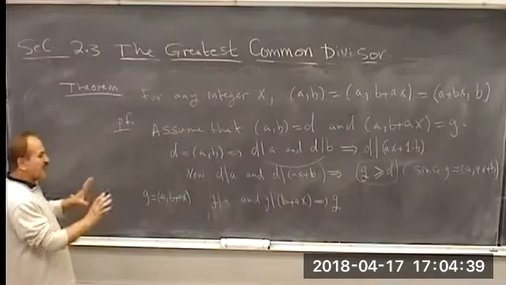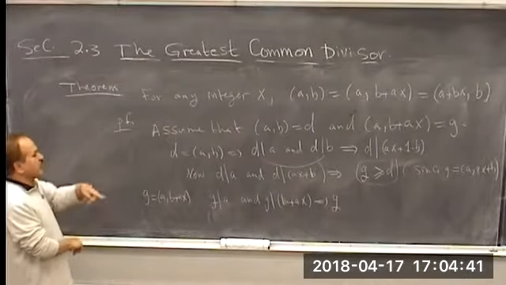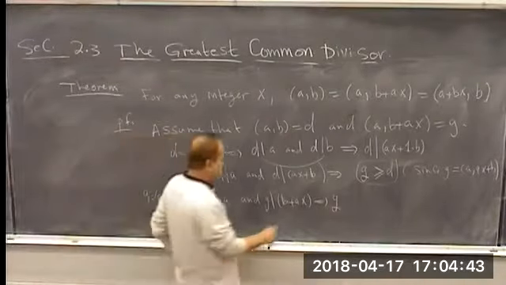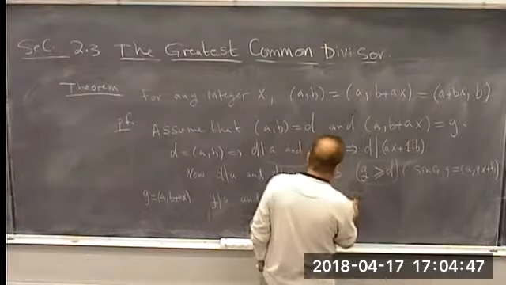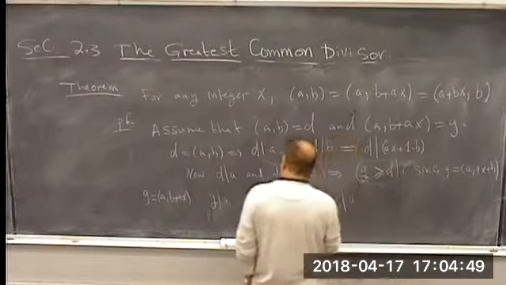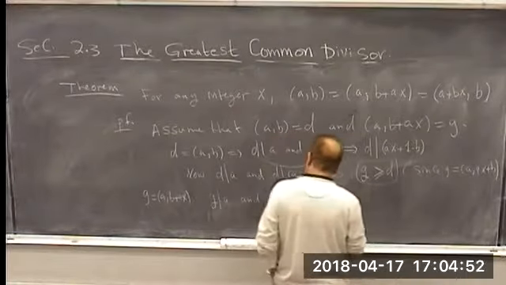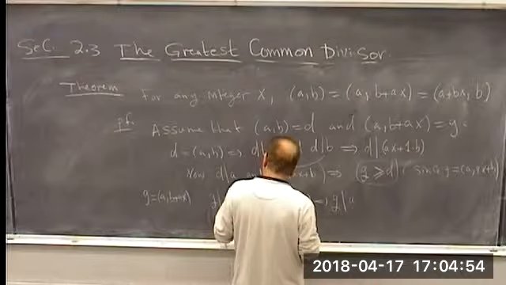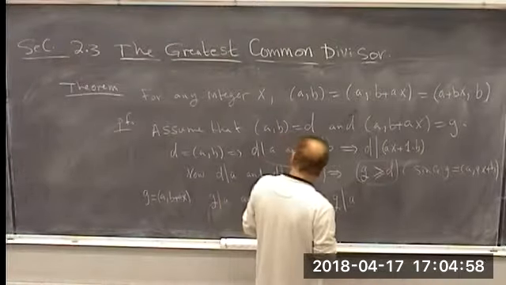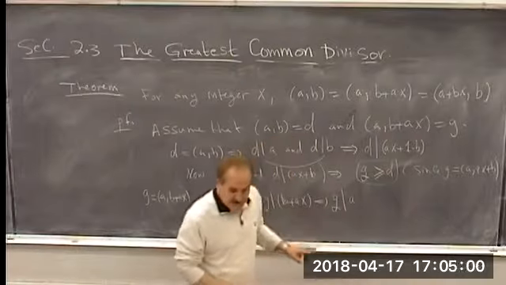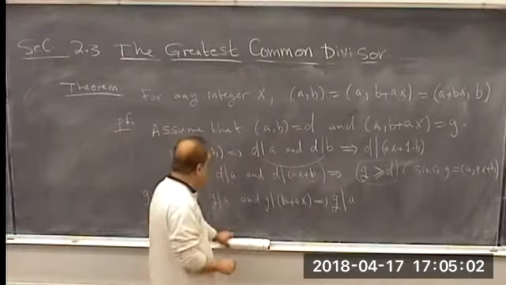And all I want to get is G to divide B. So I want to multiply this by 1 and subtract AX from it.